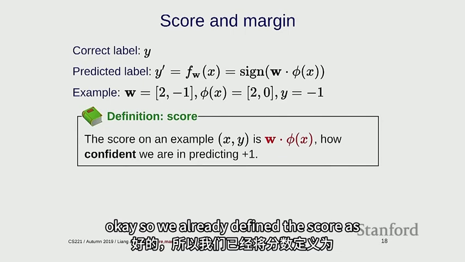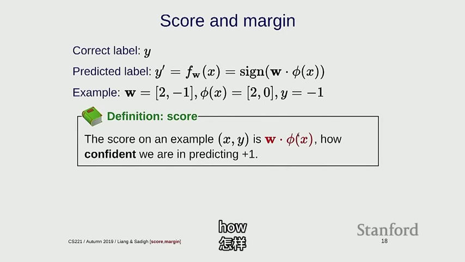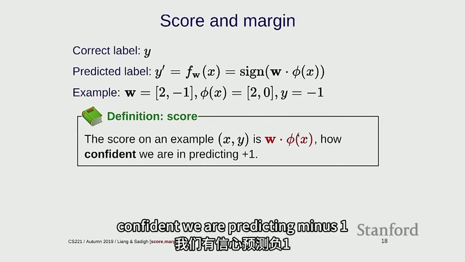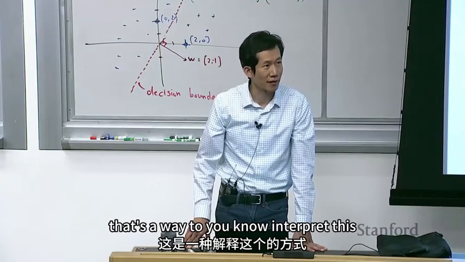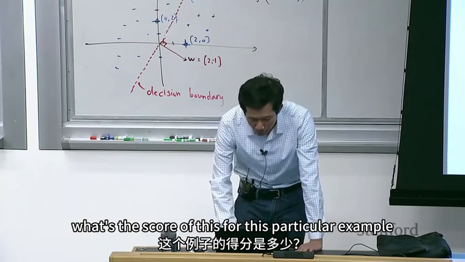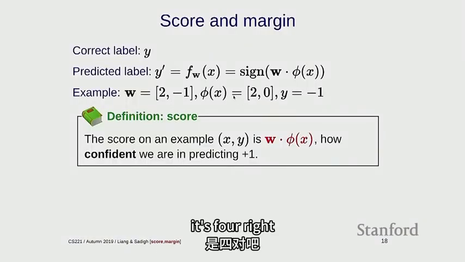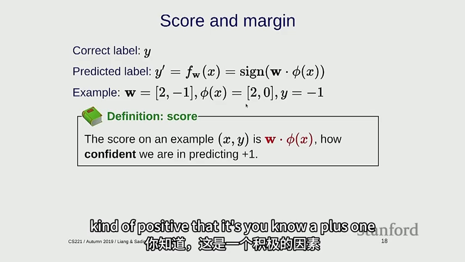We already defined the score on an example as w dot phi of x, which is how confident we're predicting plus 1. So what's the score for this example? It's 4, which means that we're positive that it's a plus 1.